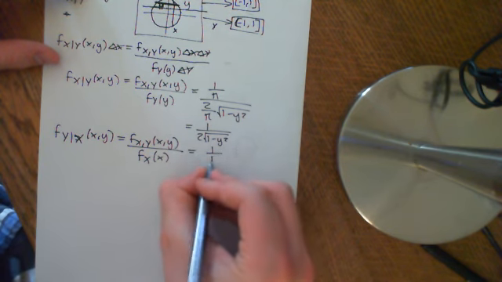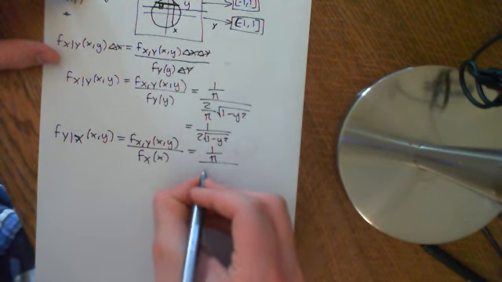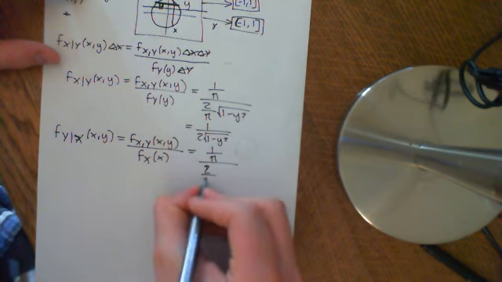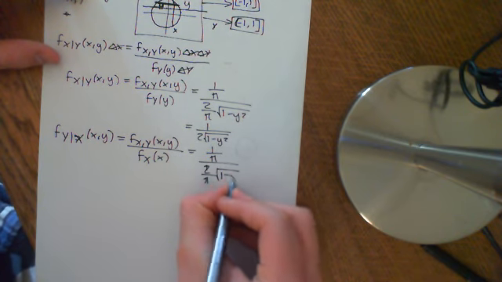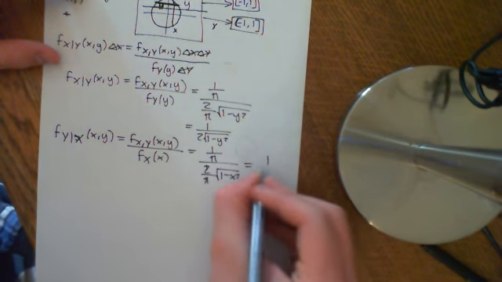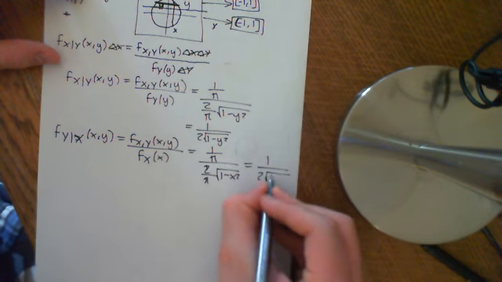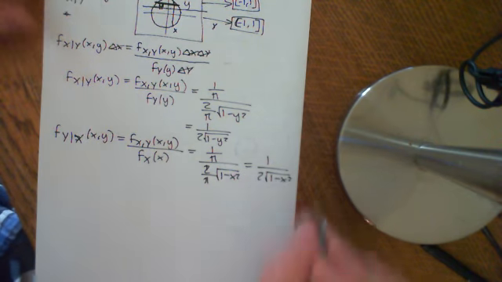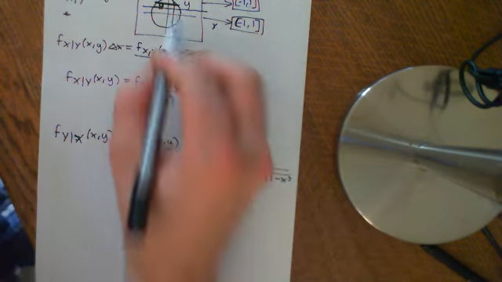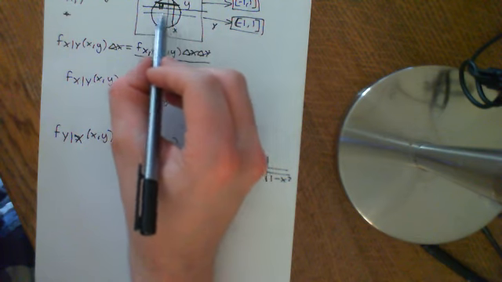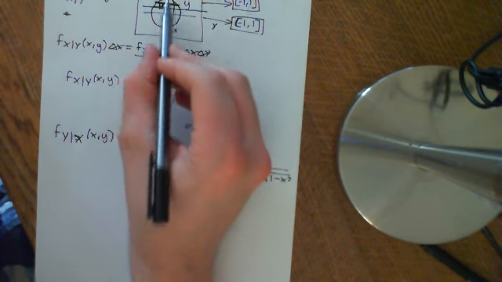So this is just 1 over pi divided by this marginal distribution, which is 2 over pi times the square root of 1 minus x squared, and this just gives us 1 over 2 times the square root of 1 minus x squared.